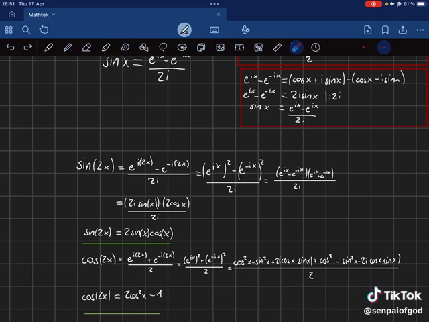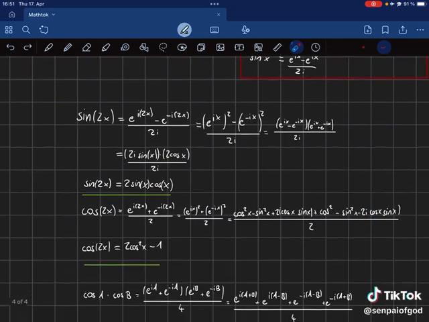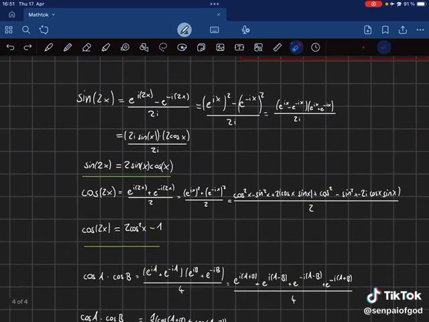I use the binomial formula, which you should know, to get these two brackets. Then I substituted our sine values and cosine values from above and cancelled out the 2i to get sine of 2x equaling 2 sine x times cosine of x.